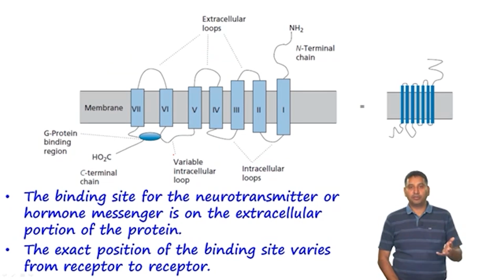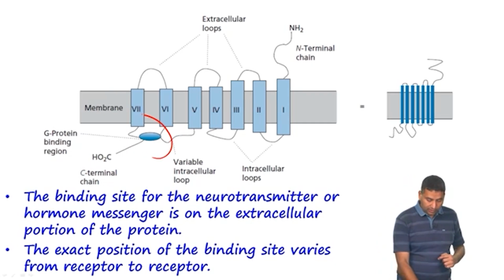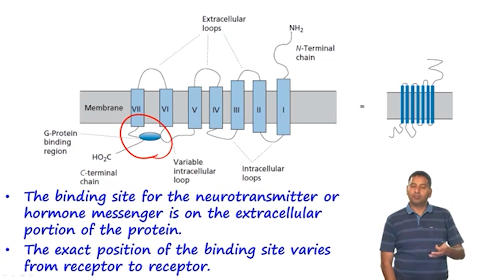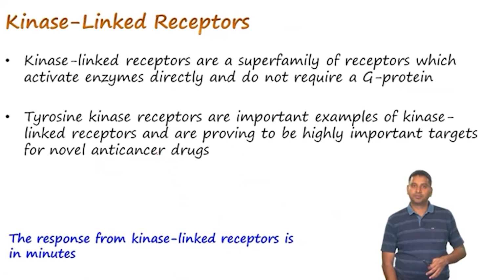There is a binding site for the neurotransmitter or the hormone, which is on the extracellular portion of the protein, and the exact position of the binding site varies from receptor to receptor. There is also, as you can see, a G protein binding region which is shown here. We shall look into detail about both ion channel receptor as well as G protein receptor later in the course.